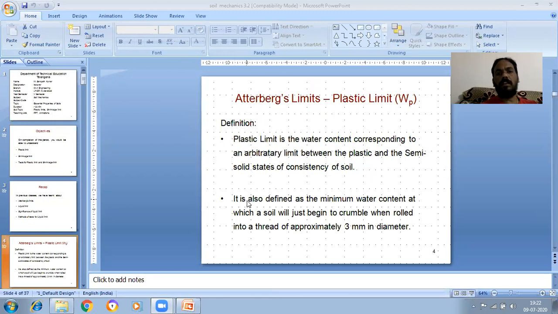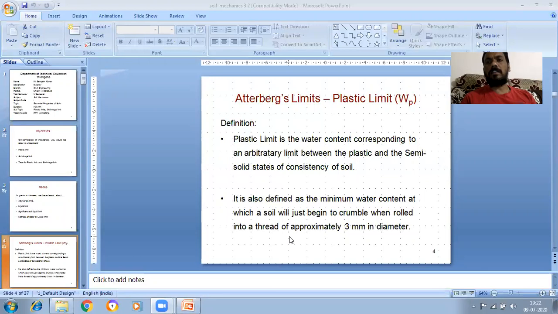Plastic limit is also defined as the minimum water content at which the soil will just begin to crumble when rolled into a thread of approximately 3 mm in diameter. What does it mean? The soil sample has some water content.